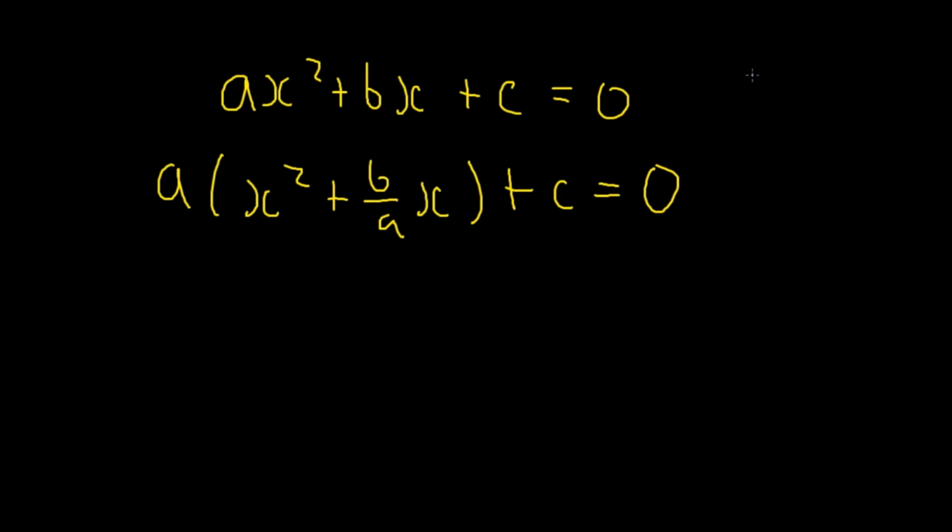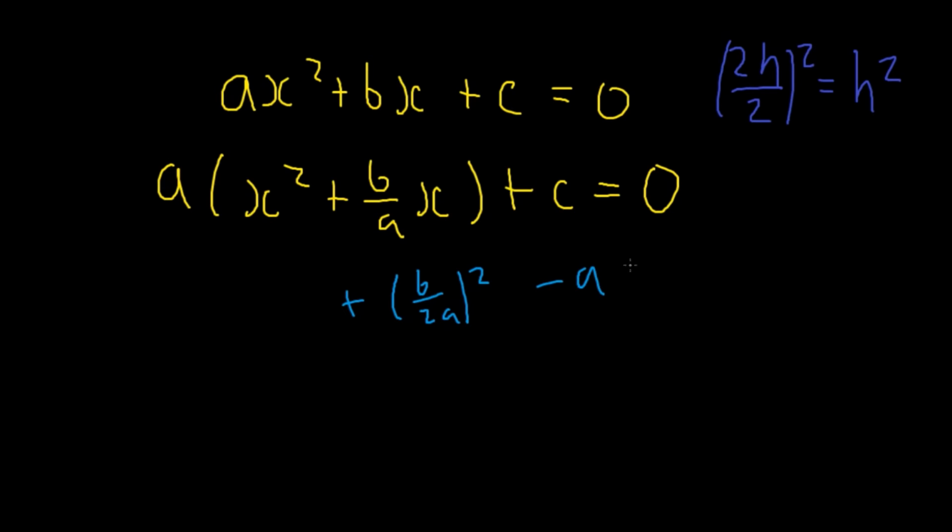In this case, the term we have to add is half of the middle term squared to go from the 2h to h squared. 2h over 2 is h, then square that, that's h squared, in our completed square. And on the outside of the brackets, just subtract a times this term.